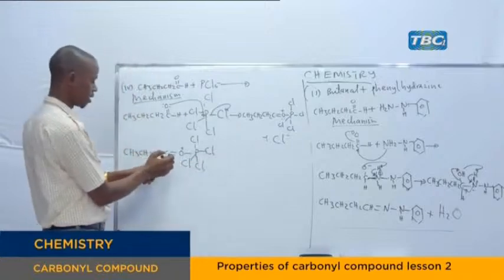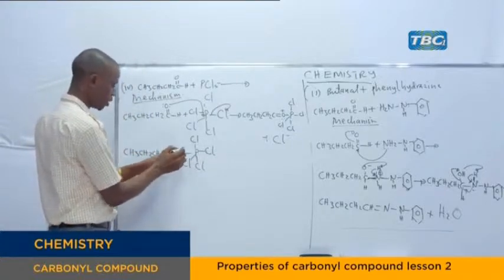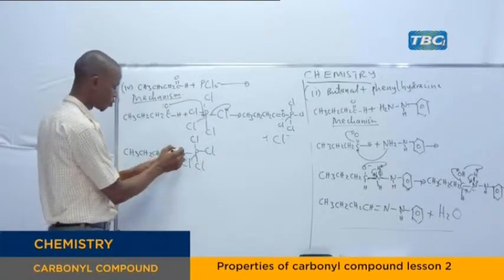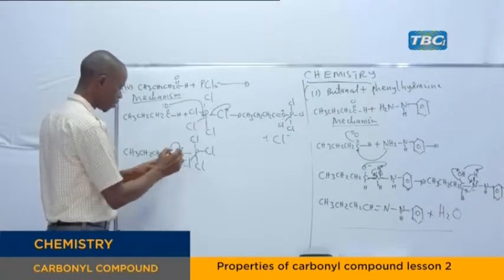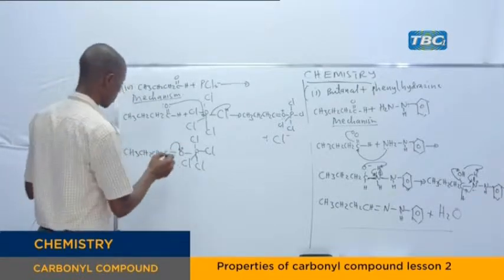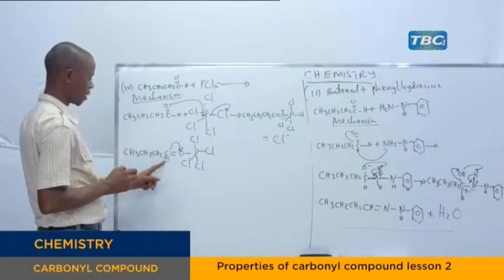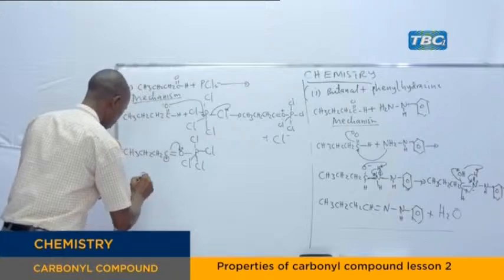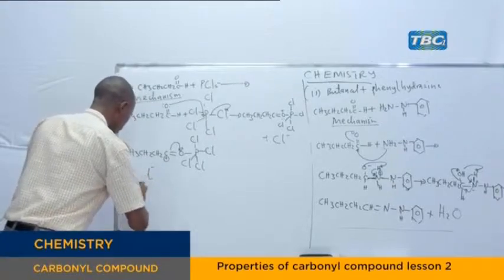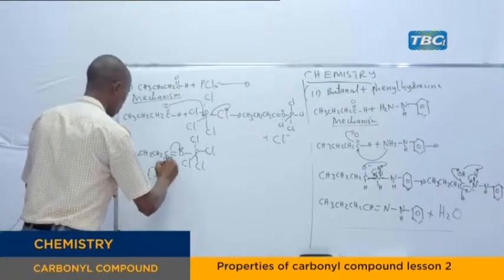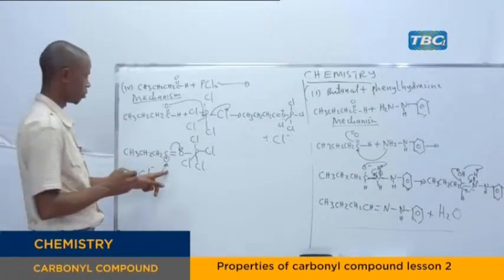Now what happens here is that to return back the lone pair on an oxygen atom, this pi bond will break down. So this will remain positively charged. To stabilize this one, this chloride ion will come and neutralize this positively charged carbon.